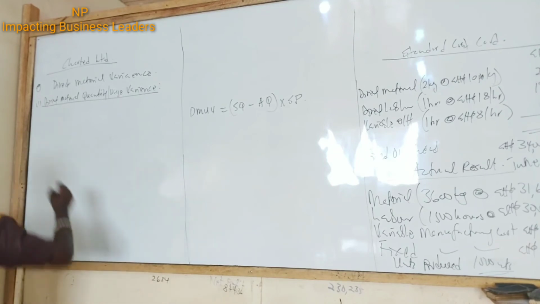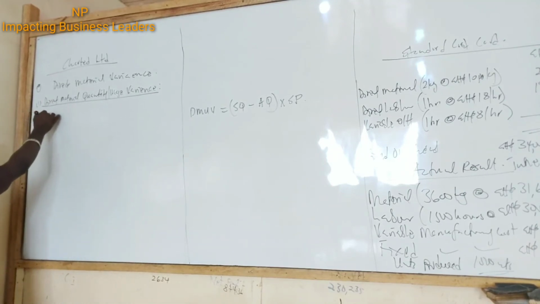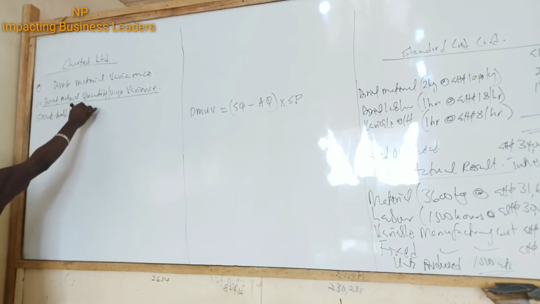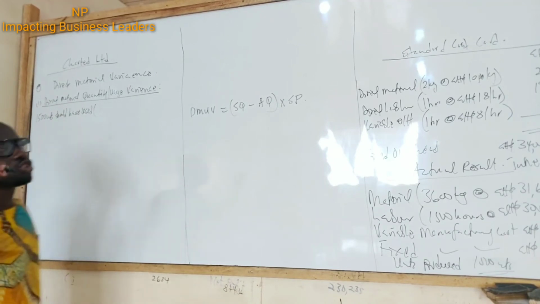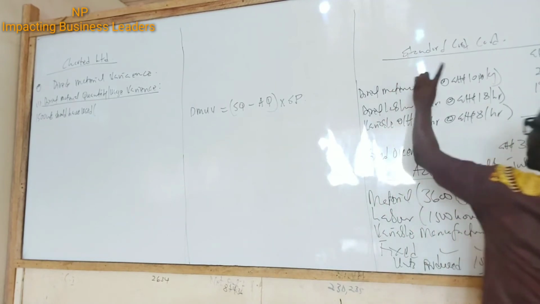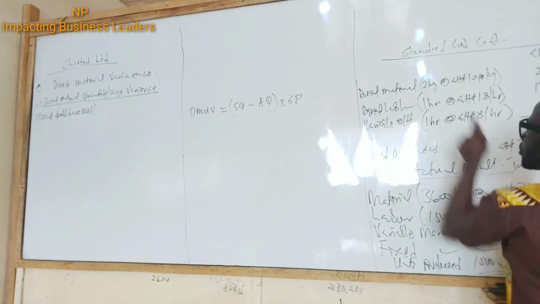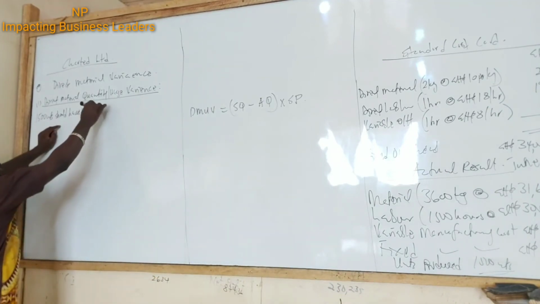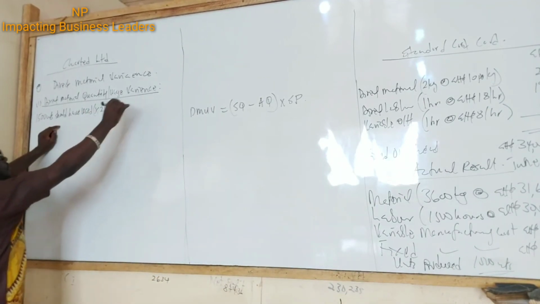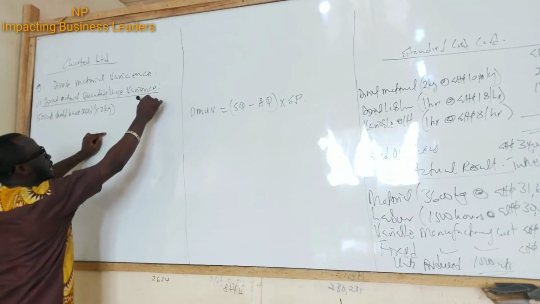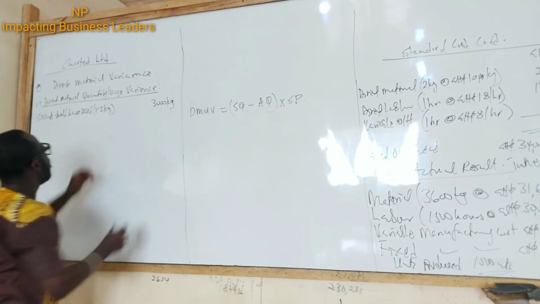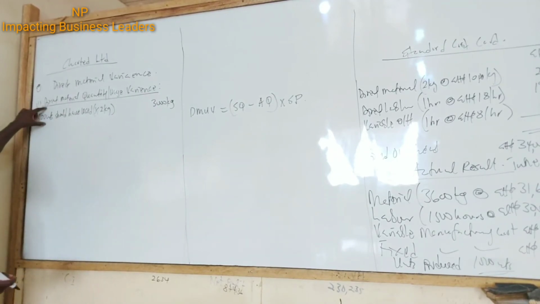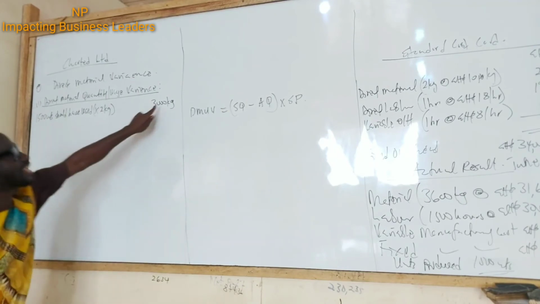So we will say that 15,000 units should have used, based on the standard, each unit should use how many kilograms? 2. So times 2 kilograms, what do we have? 3,000 kilograms.